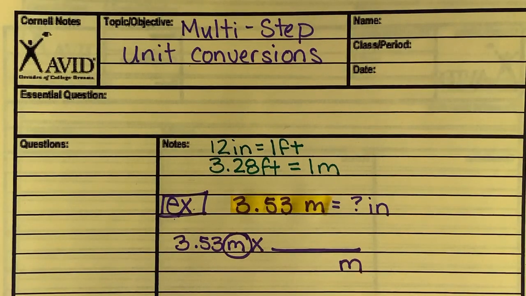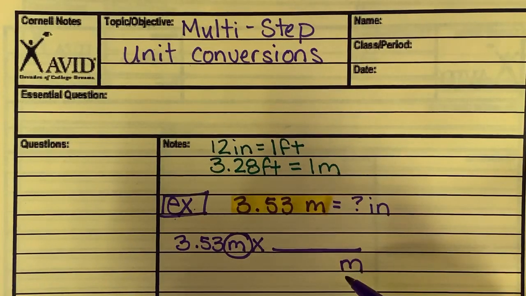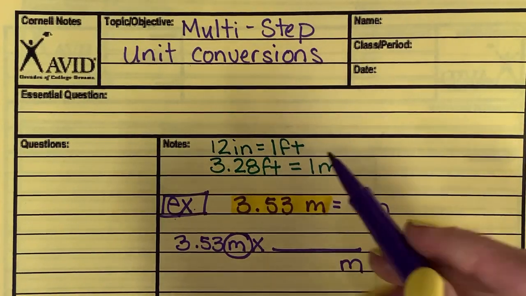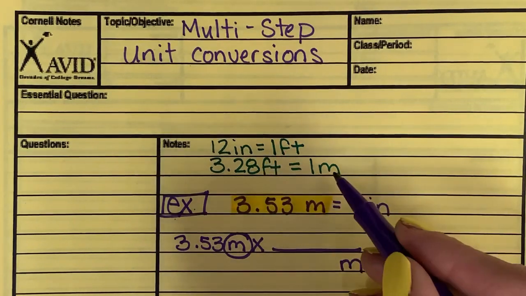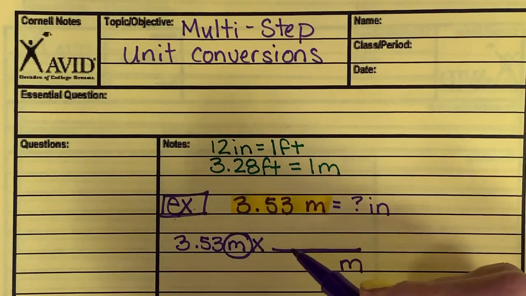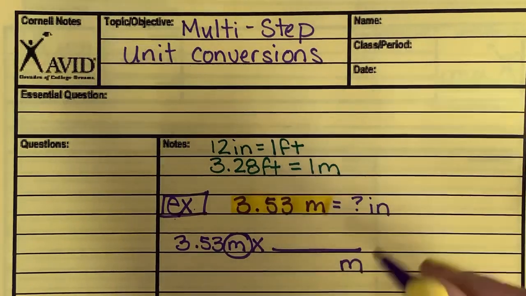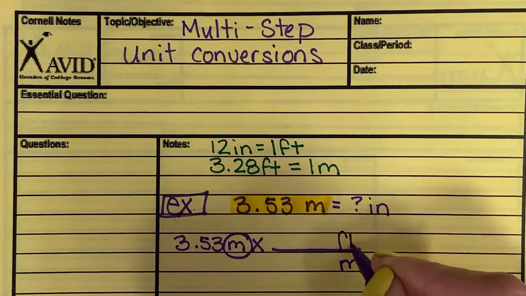But this is where it gets different. If I look up at my equivalent statements, I can't go directly from meters to inches. I can go from meters to feet, so that's what I'm going to have to do first. I'm going to have to take my meters and change them into feet.